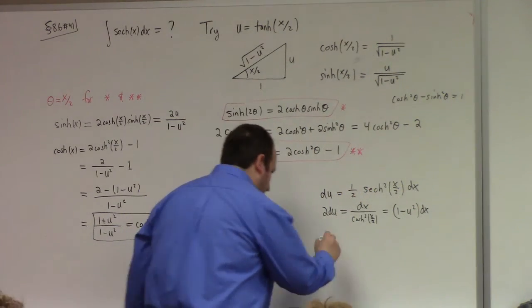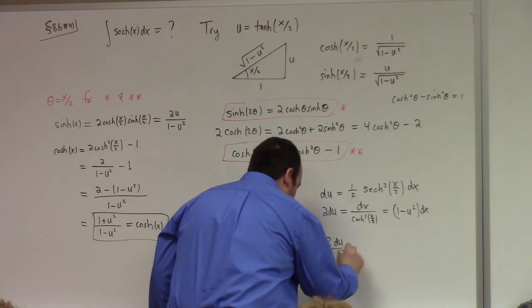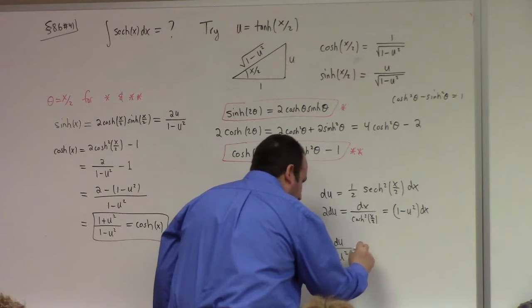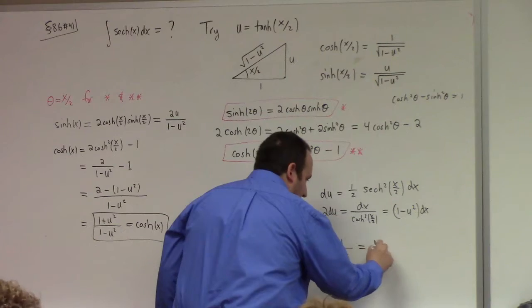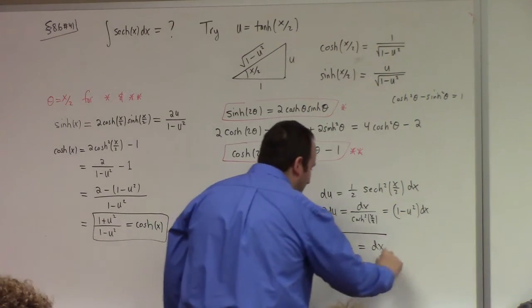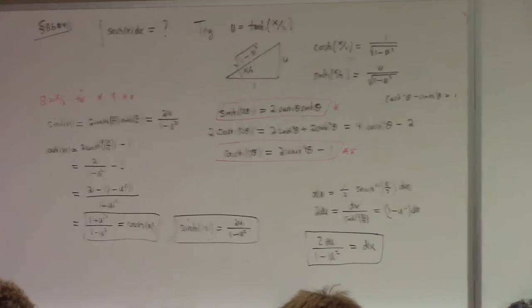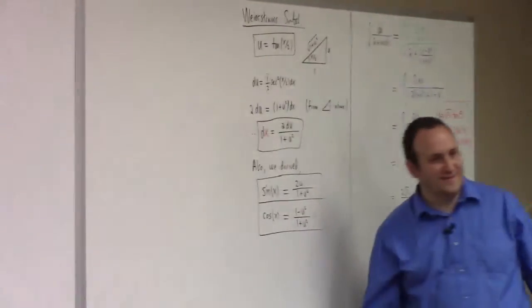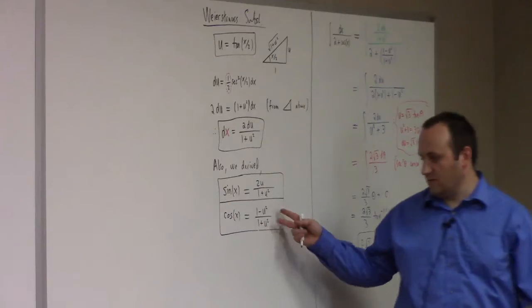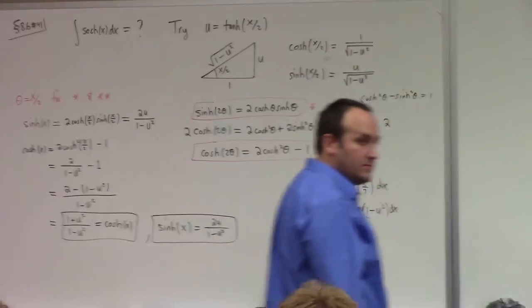Okay, so finally I get 2 du over 1 minus u squared. If you were lazier and reckless, you can derive one of these and go back over to this and go, oh, okay, so it's just going to be put a minus here, here, and here. But then you would have got this wrong. All right, anyway, so there you go. Now, what do we do?